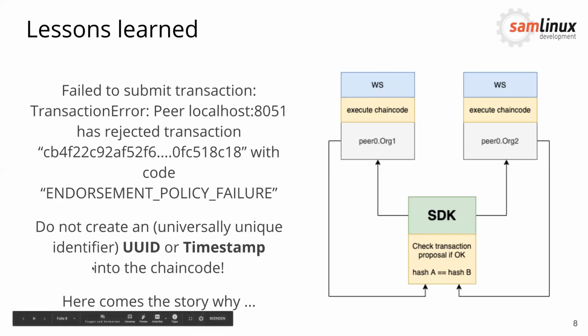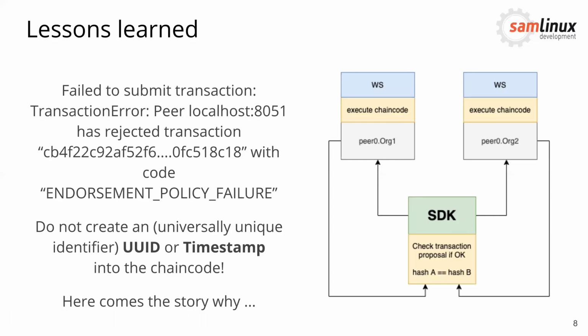Because when we create a unique ID in the chaincode for peer one, you can see here this simplified process: the Node.js SDK sends the call to peer0 org1, the chaincode is executed, and then in the chaincode a new unique ID is created.